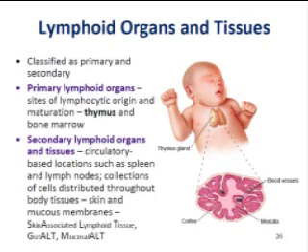They call that the skin-associated lymphoid tissue, SALT. Then gastrointestinal associated tissues are GALT, and MALT for those found in the mucosal membranes.